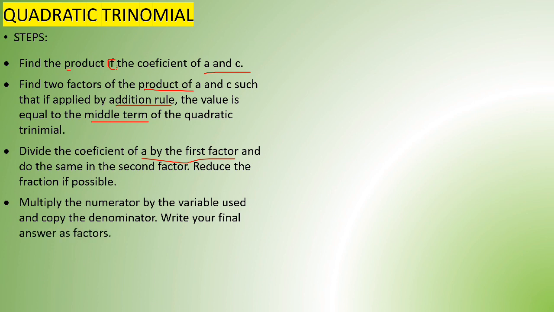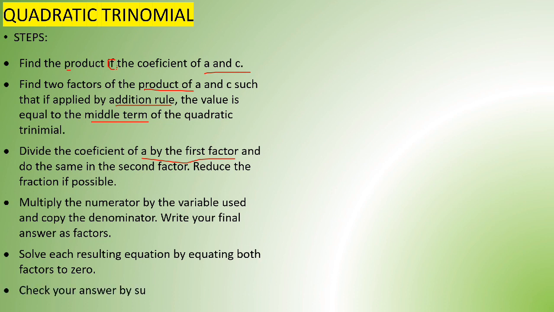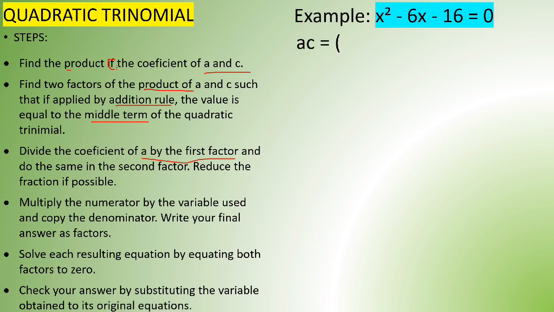And then copy the denominator. Then write your final answers as factors. And then solve each resulting equation by equating both factors to 0. And then of course, you can check it if you want by substituting the variable obtained to its original equation.